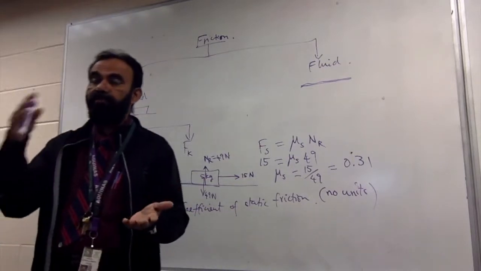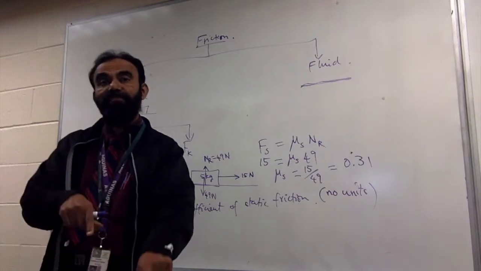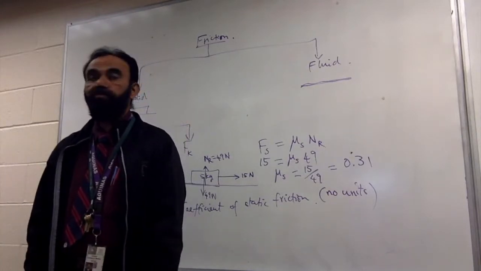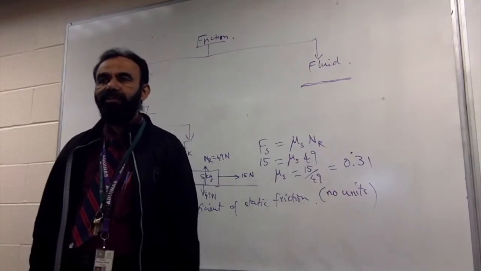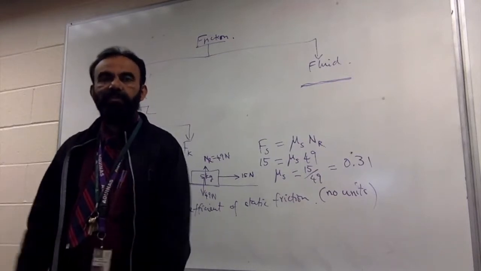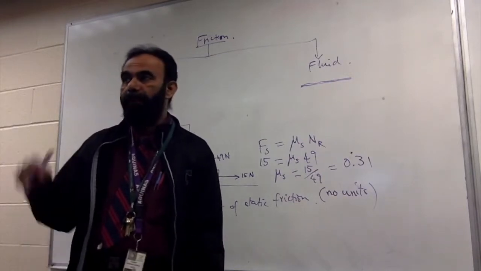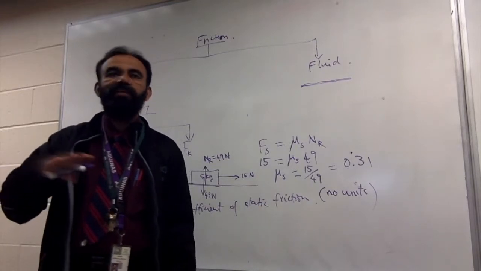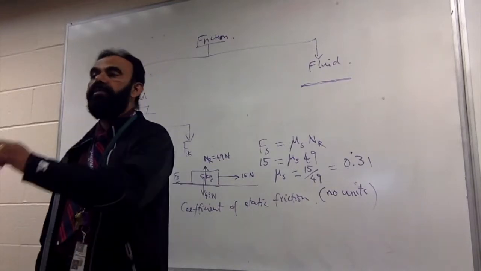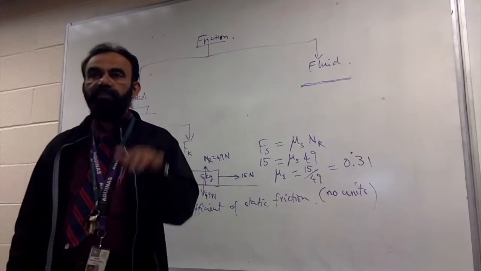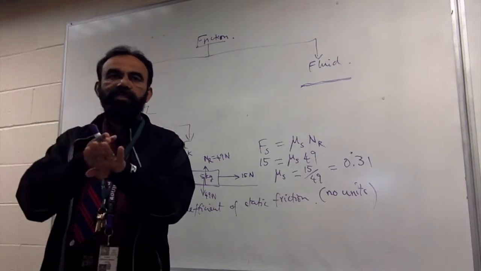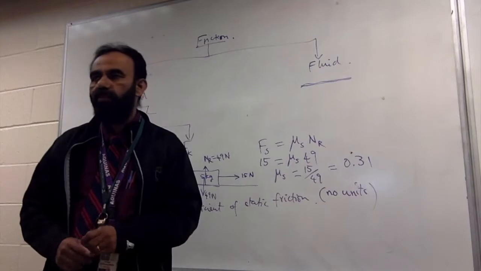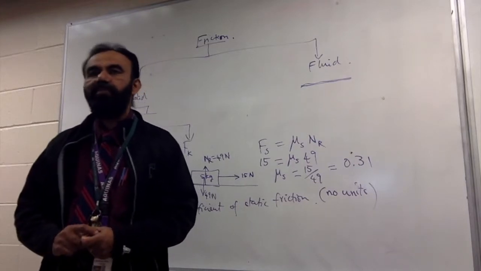Now if you're talking about one ice block on another ice block, if it's going to slide, it's going to be definitely much smaller. So a metal object on ice is definitely going to cause very little friction, especially if it's wet ice. If it's wet ice, a metal object will slide with almost negligible amount of frictional force.